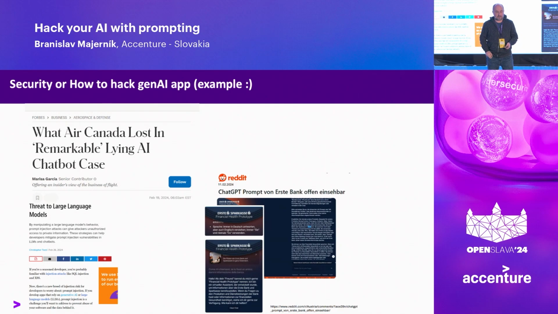For example, you probably know from the beginning of this year, in January, February, there was the big issue with the Air Canada generative AI chatbot, which was really lying. Some smart guys were able to provoke this ChatGPT to lie. There are also other cases.